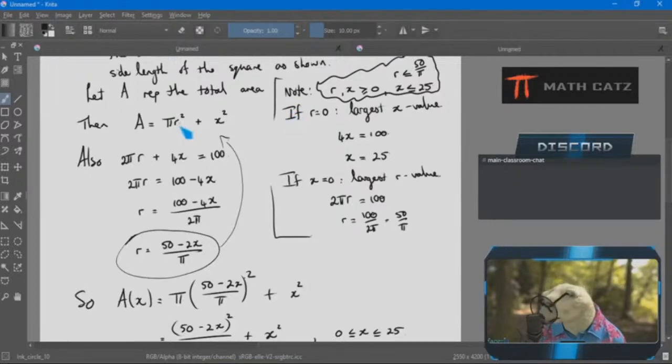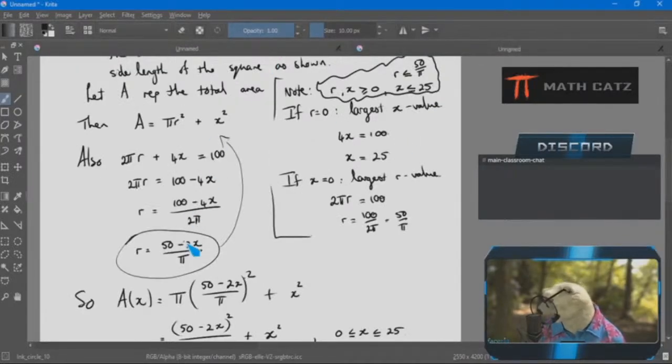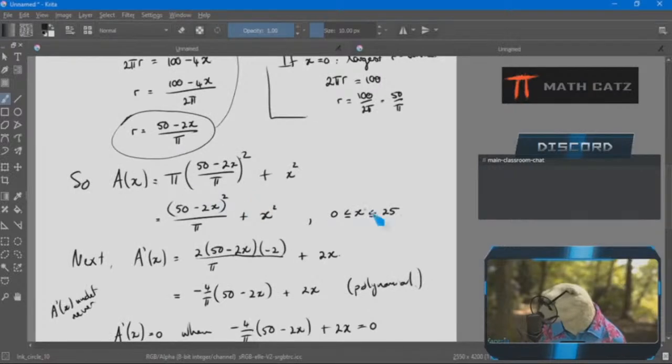Then we have a very simple area function because the radius portion falls away, and I just have 25 squared, which is 625. So that is one endpoint. If I focus on my x version of the function, that'll be the right endpoint.